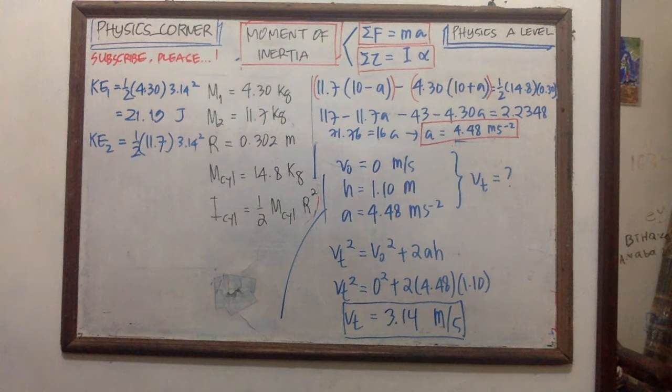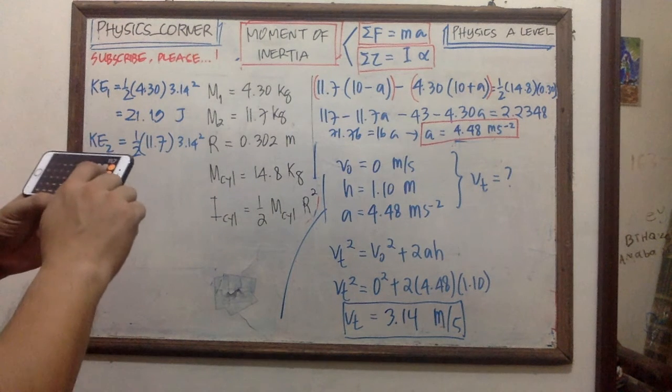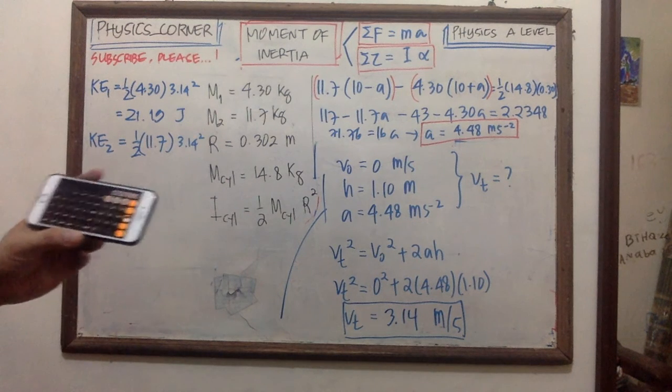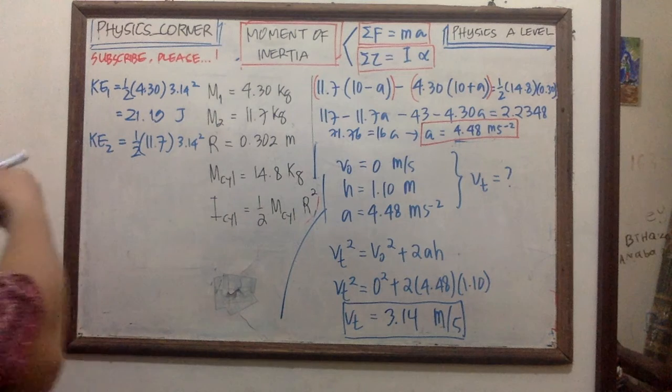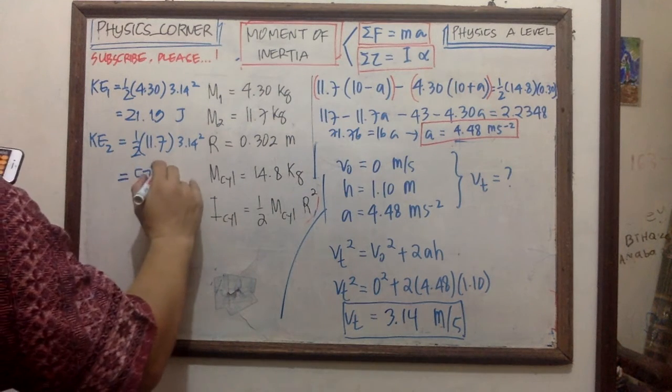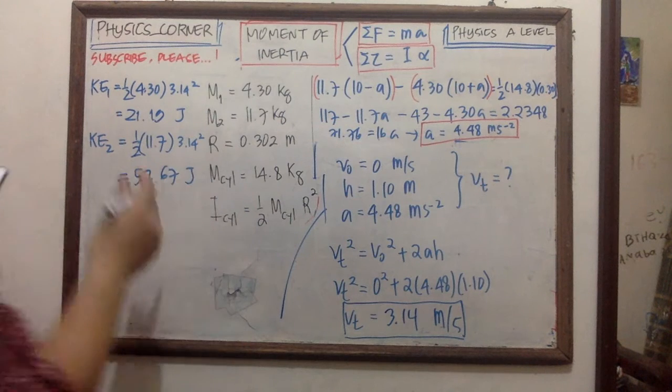3.14 squared times 11.7 and divided by 2, we get 57.67 joules.